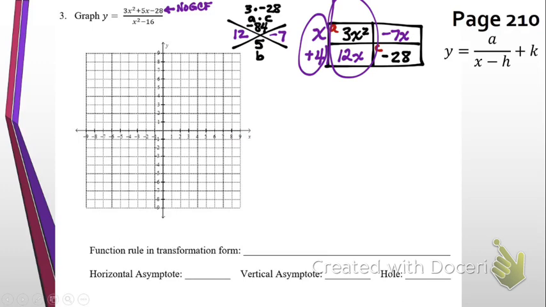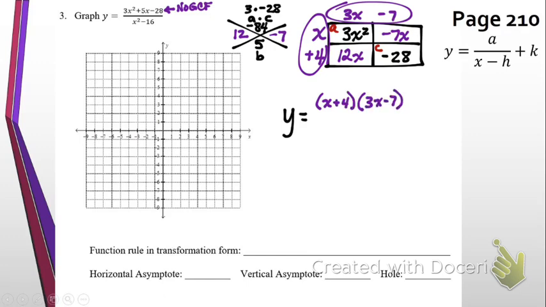What about vertically? 3x squared and 12x? 3x. Negative 7x and 28? Negative 7. So my numerator factors to be x plus 4 and 3x minus 7.